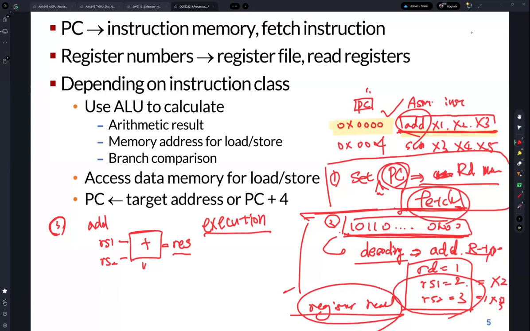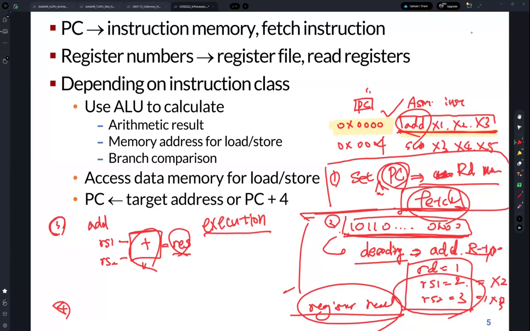The data are ready, which means operands are ready, and using a hardware execution unit, a processor can generate the result of the instruction. Then what is required?